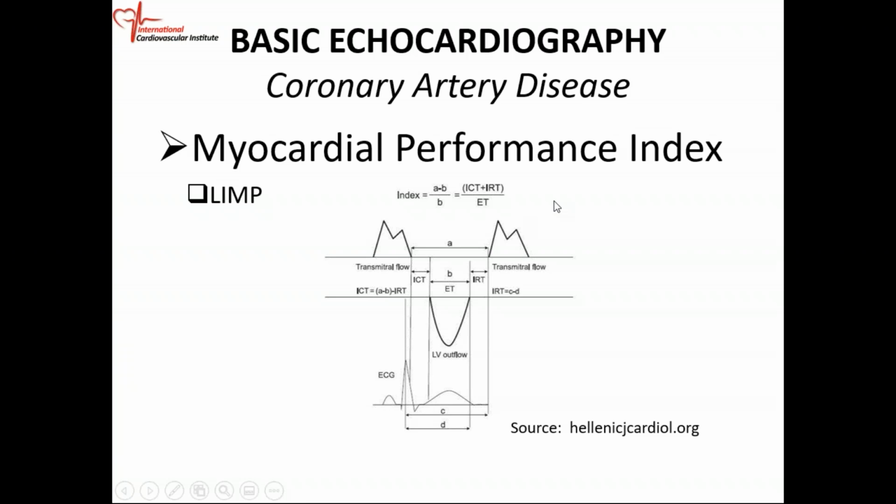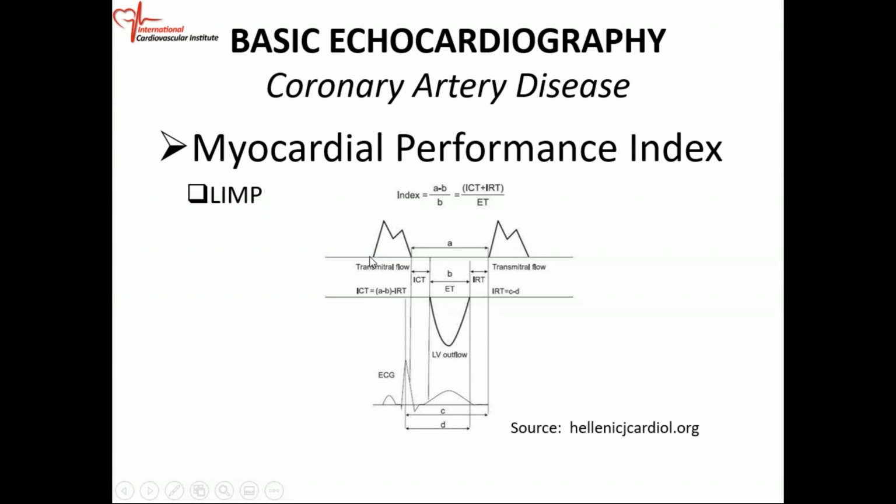So all of this is your PW settings. So what you need to get is your apical 4-chamber view. And remember again, we're looking at the mitral inflow. So the sample volume should be placed at the mitral leaflet tips.